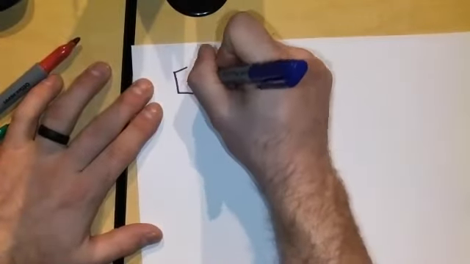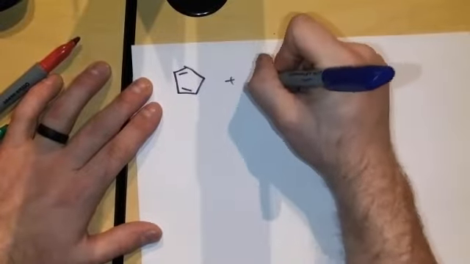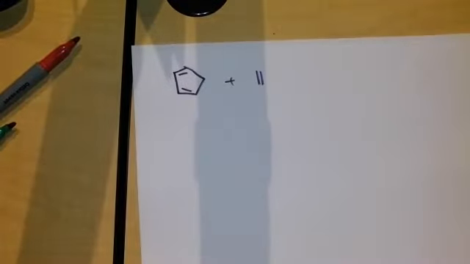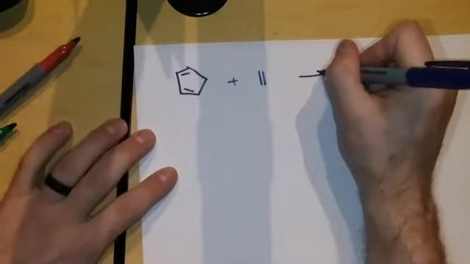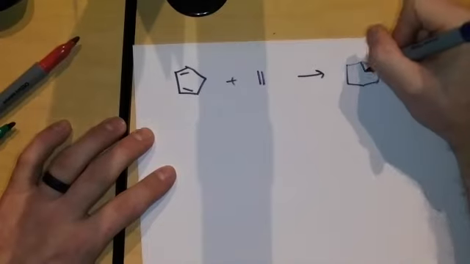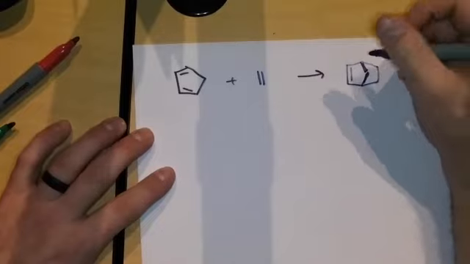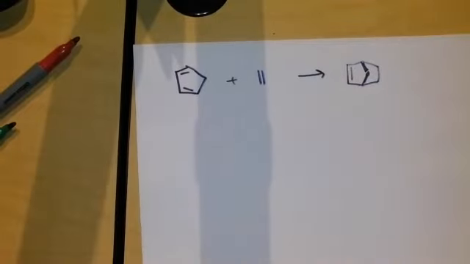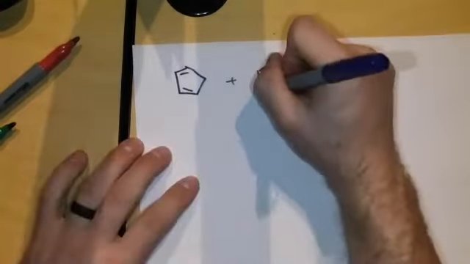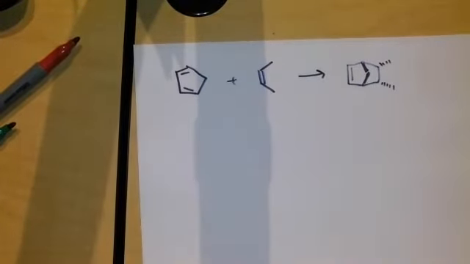So for this here, I'm going to draw it in 2D. Wait, what did I have? I had methyls here. This would lead us to this product, based on the rules that we've been doing so far.